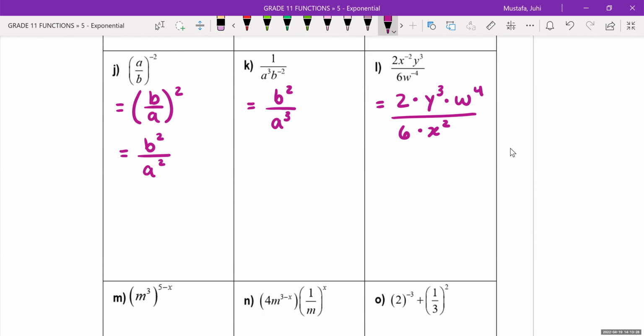Is this as simplified as possible? No, because I have a fraction here, right? 2 over 6. So my final answer is going to be, I like to write it in alphabetical order. So w to the power of 4, y to the power of 3, all over 3x squared.